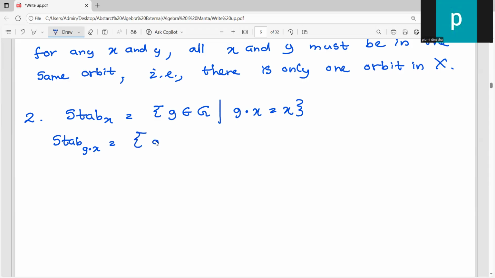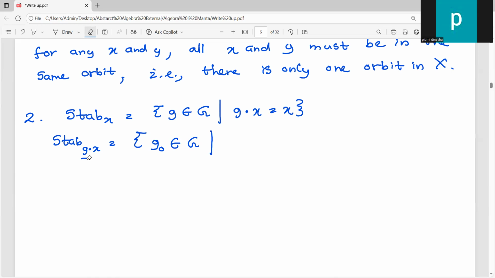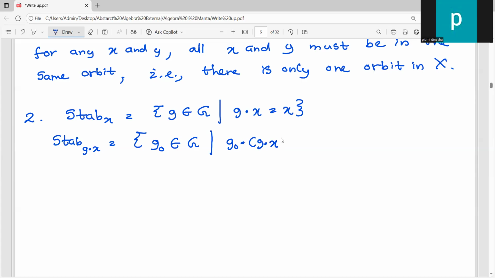Because we have g over here as well, I will simply take this to be g naught, because we don't want to confuse ourselves. All g naught in G such that g naught dot this element, g dot x, remember, g dot x is an element in X, is equal to g dot x.